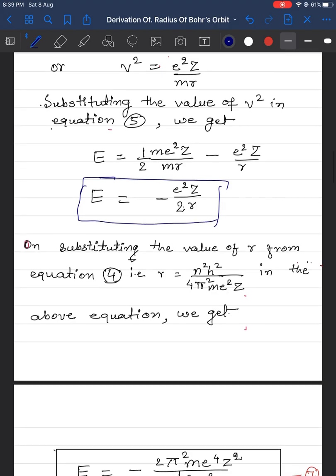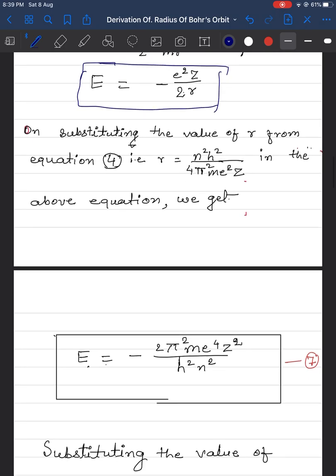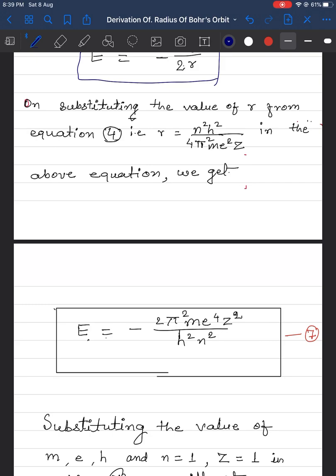On substituting the value of r from equation 4, that is r is equal to n squared h squared divided by 4 pi squared m e squared Z, in the above equation, we will get E is equal to minus 2 pi squared m e to the power 4 Z squared divided by h squared n squared, and this is equation number 7.